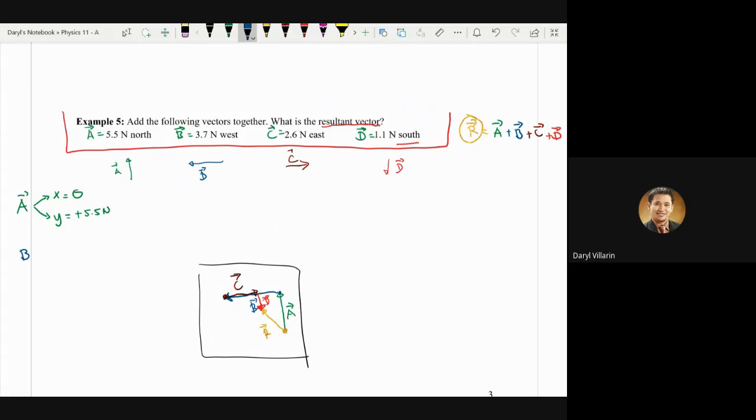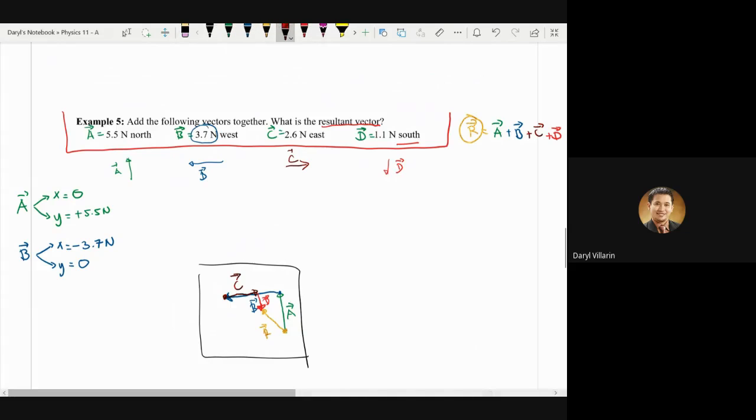And then for vector B, again, I'm going to write down the X and the Y component. The Y component in this case is automatically 0, because if you can see, it's lying along the x-axis. So the whole of this value is along the x-axis, and that is to the left, it's west. So that's negative 3.7 newtons.